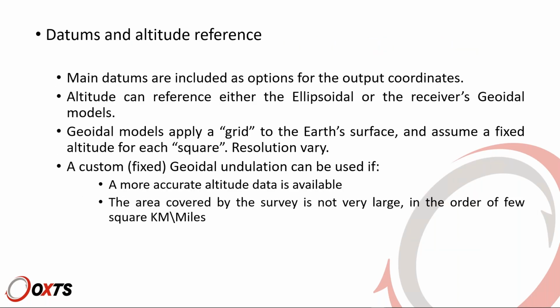Okay, finally, some very short and hopefully useful information. Datums and altitude. You have a few options to customize the output datum and altitude reference that you want to have your data in with our systems. You can use geoidal or ellipsoidal models, or even customize the geoidal undulation, if you have some models, some knowledge about what the altitude is in the specific area you are collecting your data in.